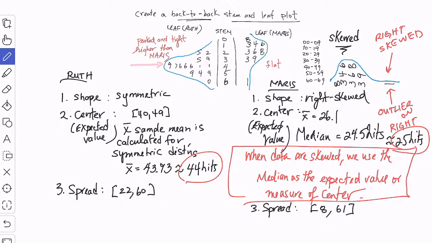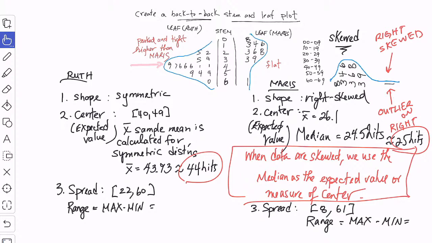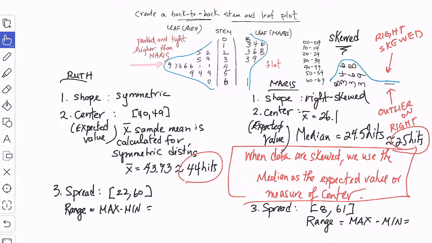We can calculate a range, calculating max minus min, and do the same thing for Maris, and it gives me an idea of how spread out.